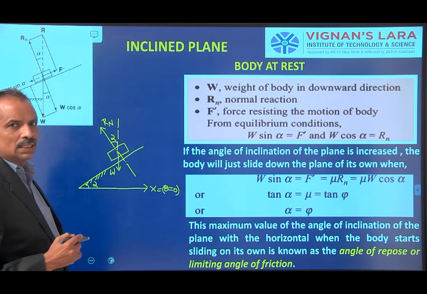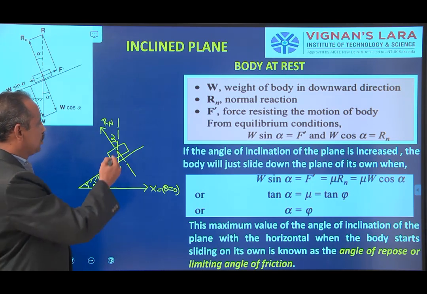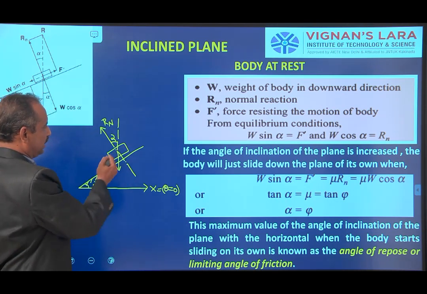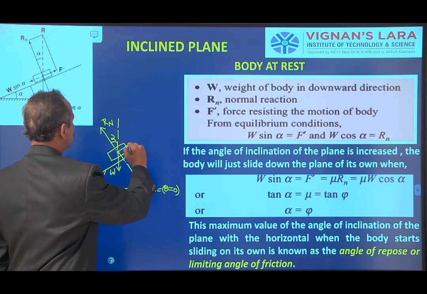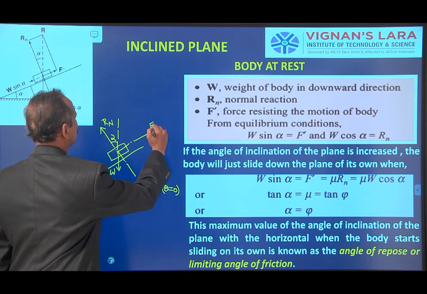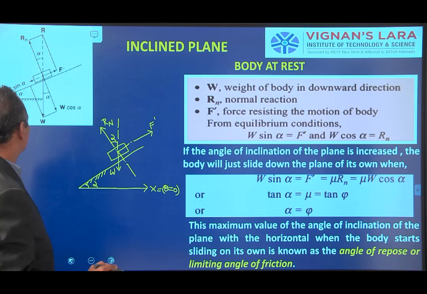In that case, the force of friction will act in a direction opposite to the motion of the body. That is, if the body can move downward like this, then the frictional force is parallel to the ground surface, which is an inclined one, like this.